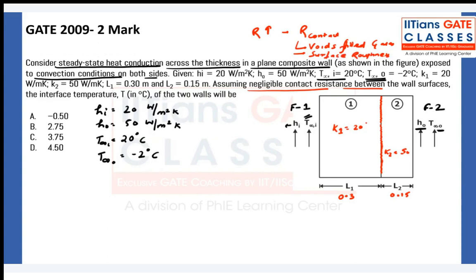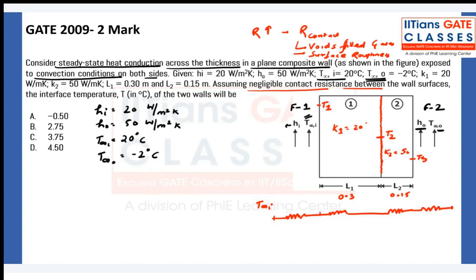Now they are asking, tell us the interface temperature. Let's say it is T2, and let us assume it is T1 here and T3 here. So let me draw the circuit. We all know how to draw the circuit. First convection resistance, then conduction resistance, then one more conduction resistance, and then one more convection resistance. This is T infinity 1.